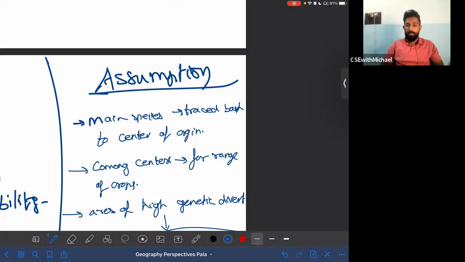A small gene pool indicates low genetic diversity and will be vulnerable to environmental changes.